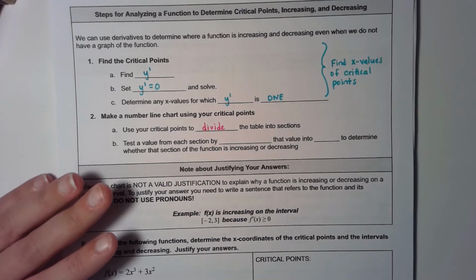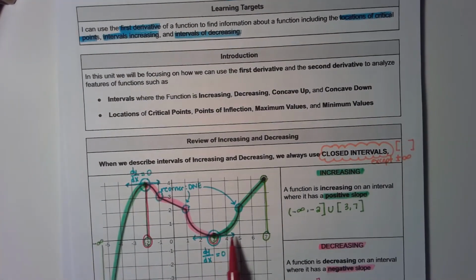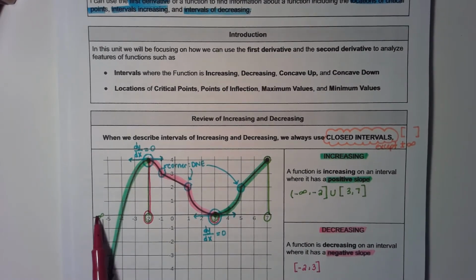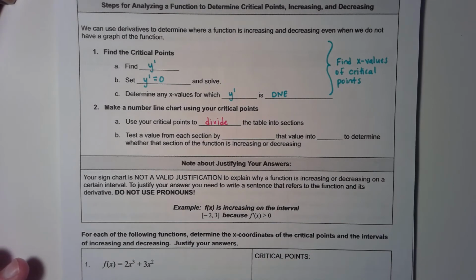So if you think back to what we did in the previous problem, where we used the x values along the x-axis to create these intervals, what we're going to be doing is drawing a little mini x-axis and listing those critical points so that we can divide the graph into sections that are either increasing or decreasing.